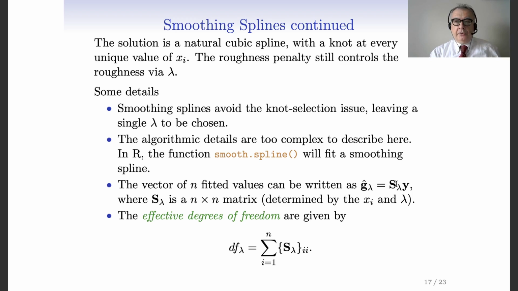So it is very useful to have a measure which is really easy to understand, and this measure is given by the degrees of freedom. So you can just take this matrix S of lambda, and if you compute the trace, you should recall that the trace of a matrix is the sum of its diagonal entries, and this is what I'm doing here. If I compute the trace, I obtain a real number that can be regarded as the degrees of freedom of my smoothing spline regression.